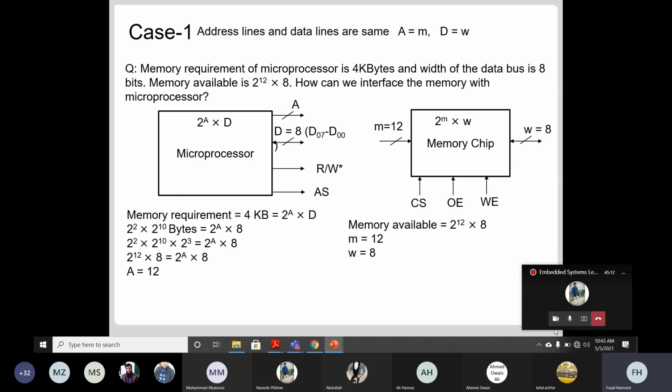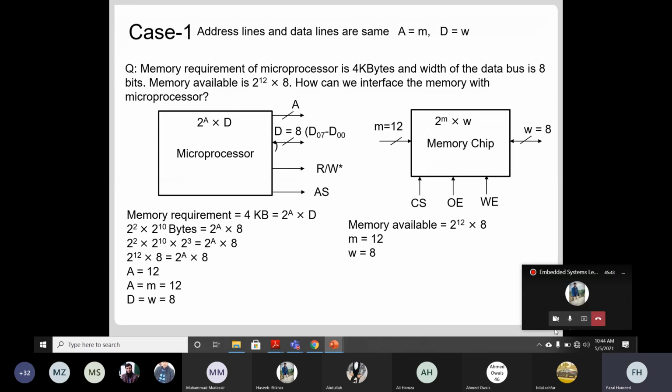What is the value of A now? 12. And in this scenario, what is the value of M now? Can you see it from the right hand side? 12. So in this case, the address lines are same or different? Sir, same. What about the data lines? 8. Same. Data lines.